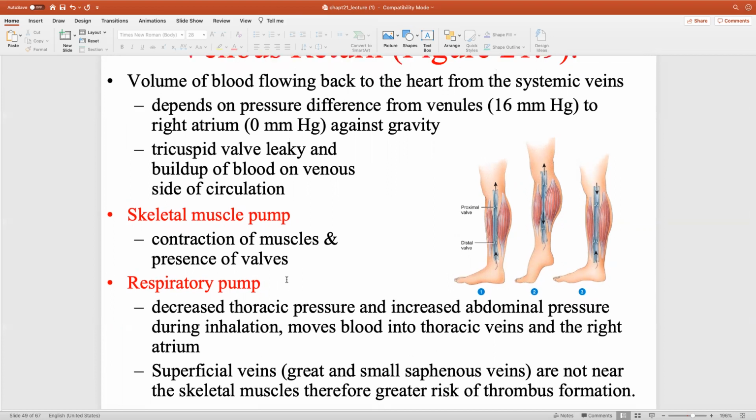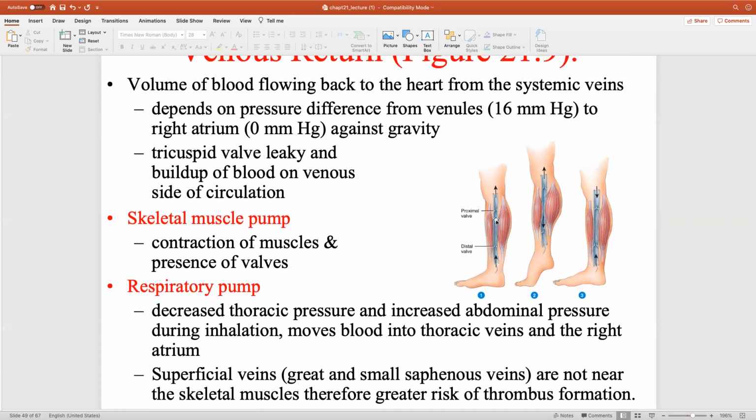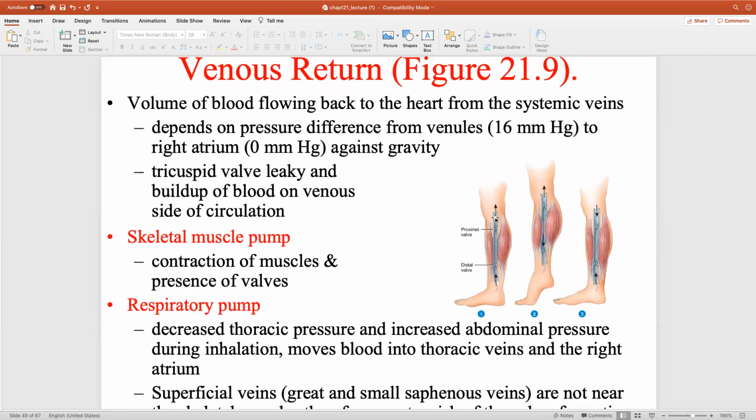So let's take a look at what happens here. The volume of blood flowing back to the heart from the systemic veins is called venous return. It depends on the pressure difference between venules and the right atrium against the force of gravity. A leaky tricuspid valve can lead to buildup of blood on the venous side of circulation. So this is just a condition that can happen.